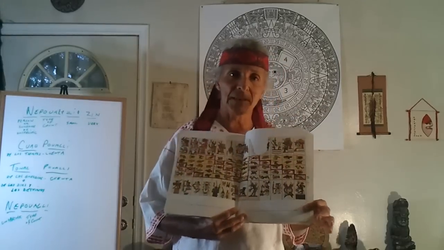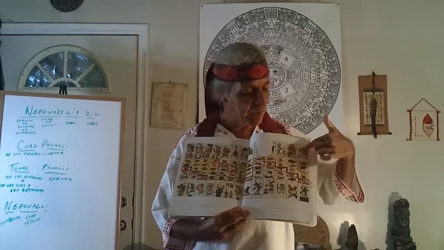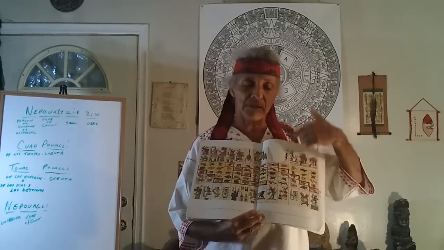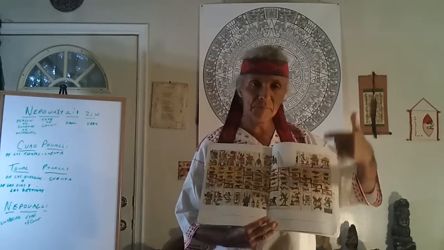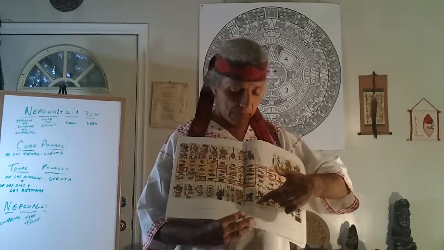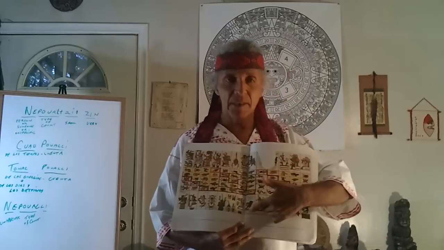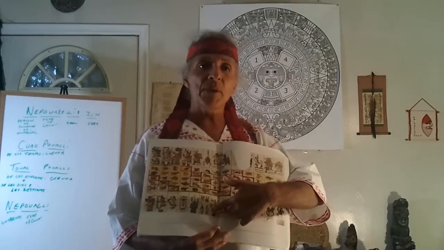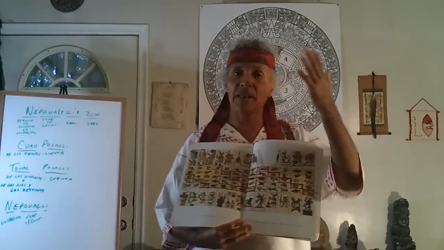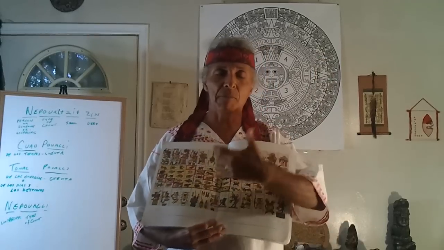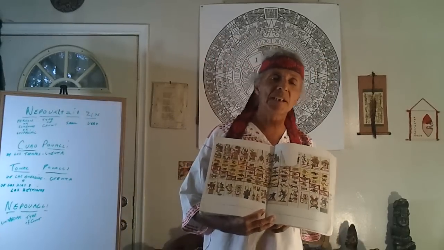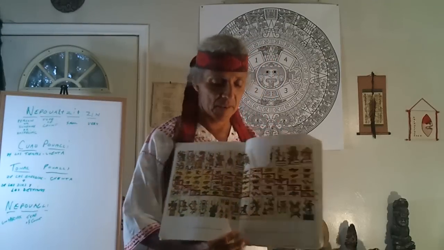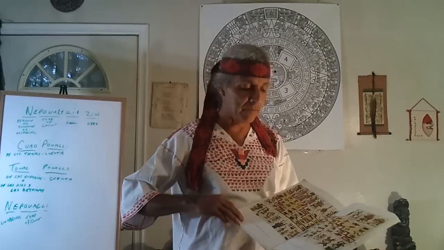You have the 20s column, the 400s column, the 8,000s column, the 160,000 column, the 3.2 million column, the 64 million column, the 1.28 billion column, and it just keeps going on. Each column is multiplied by 20. Where you use the decimal system, which is base 10, we use the base 20 system.